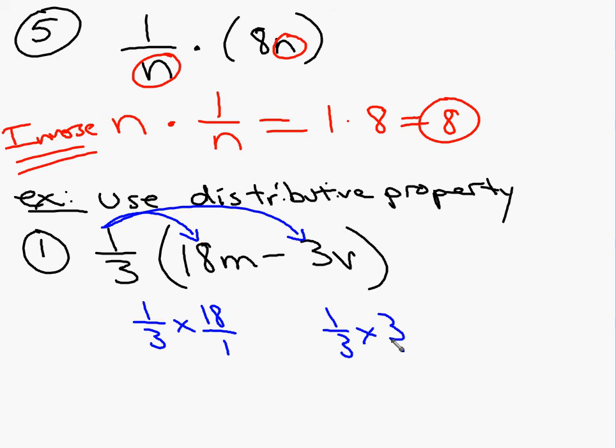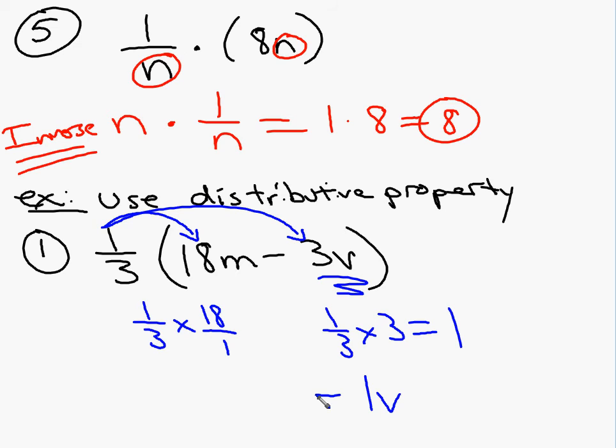Now, there should be a little flag going up in your brain. What is 1/3 times 3? 1. You may as well make your work as easy as possible. 1/3 times 3 is 1. So this term over on the right-hand side is going to be 1v. That's easy. And it's going to be minus 1v, because we multiply over top of the addition or subtraction.